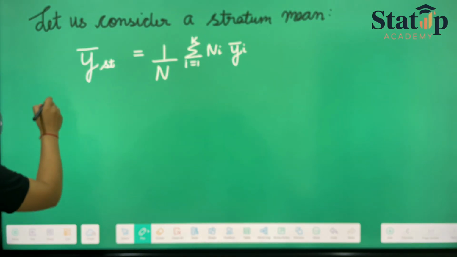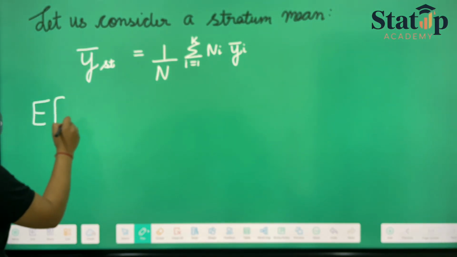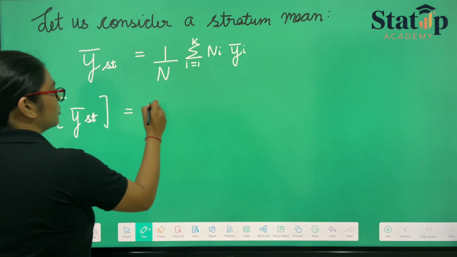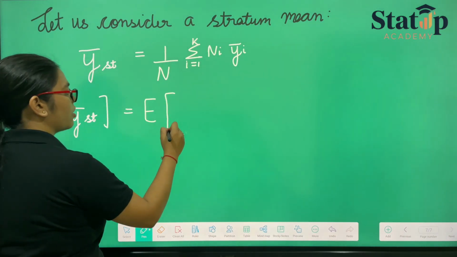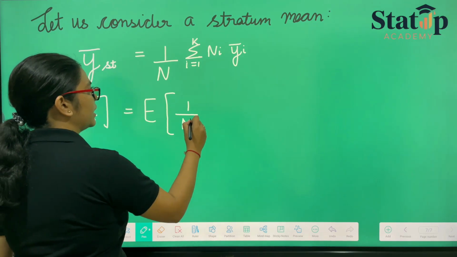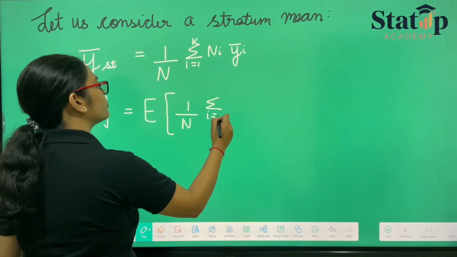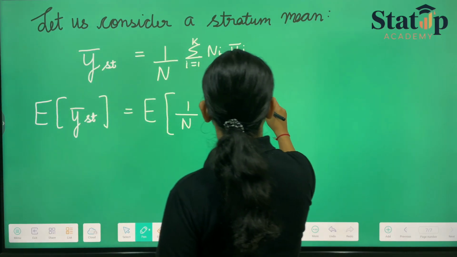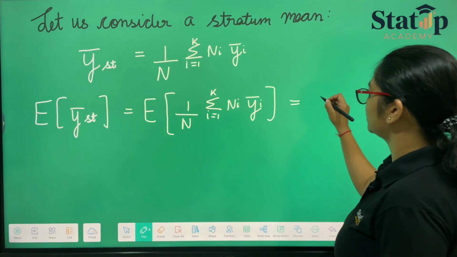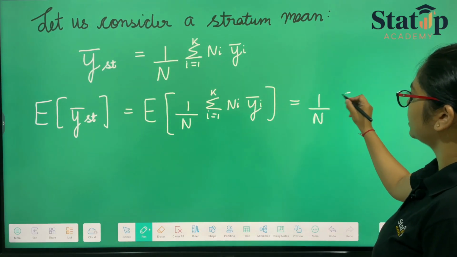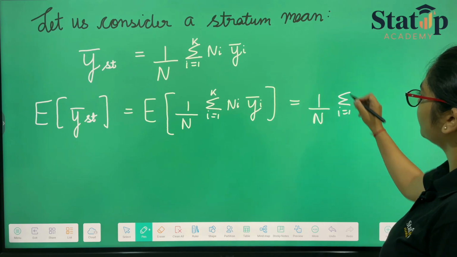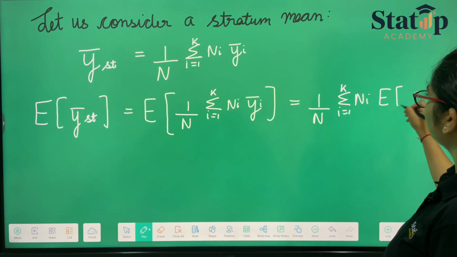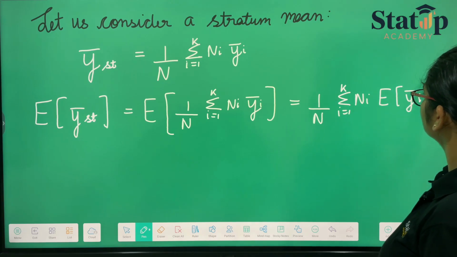So if we take the estimation of y bar st, it comes out to be the estimation of 1 upon capital N summation i goes from 1 to k, n i y bar i, which is nothing but 1 upon capital N summation i goes from 1 to k, capital Ni times the estimation of y bar i.